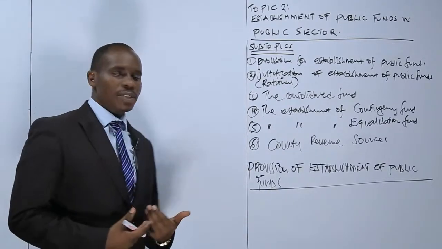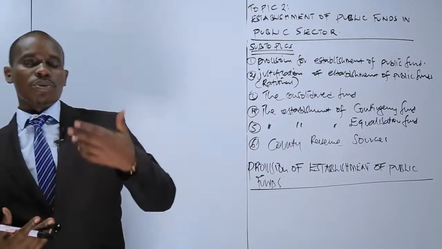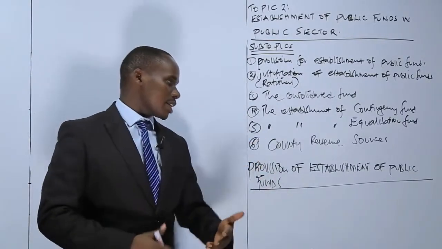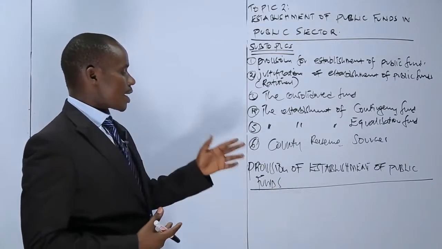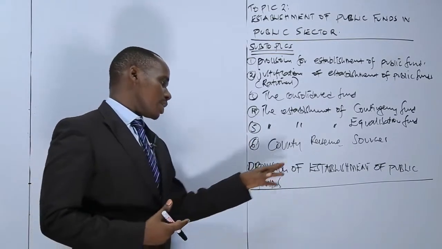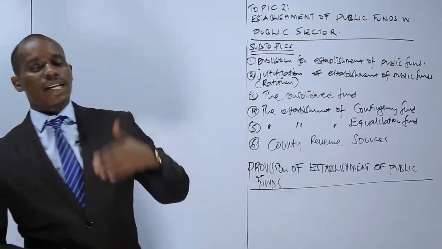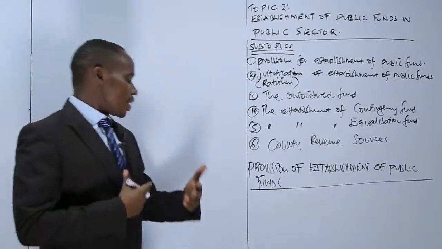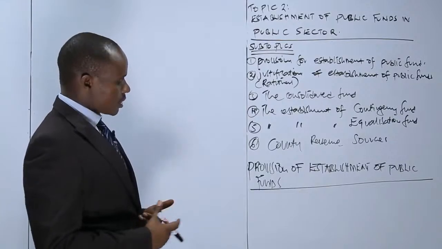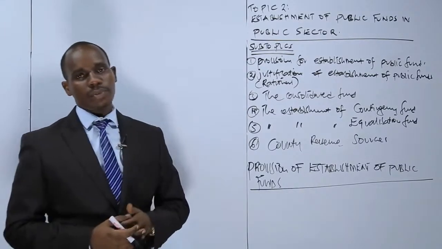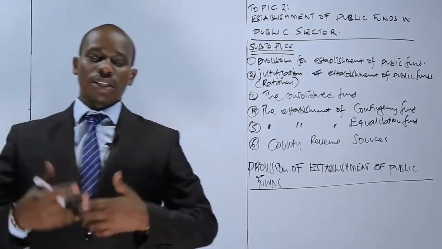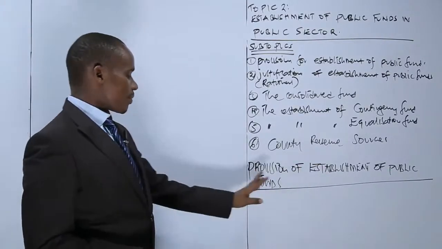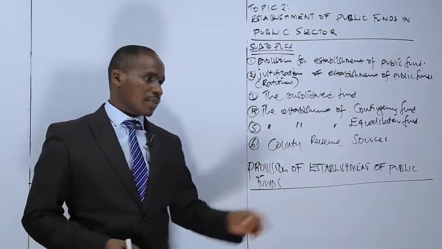And again, in our constitution there is a provision for the creation of public funds, and there are also guidelines that are meant to be followed when it comes to establishment. After we establish, that particular public fund is supposed to operate, and how it is supposed to operate is also guided by the provisions that we have in our act.